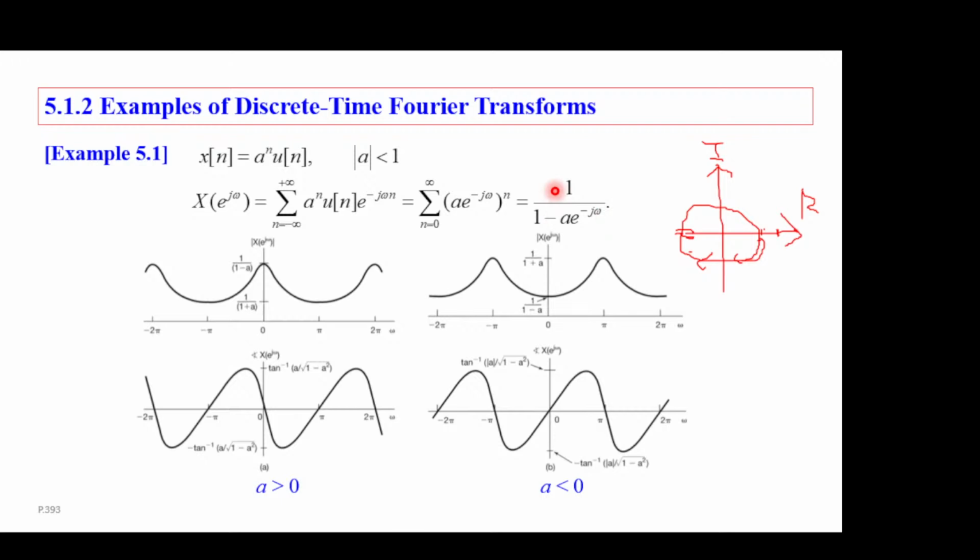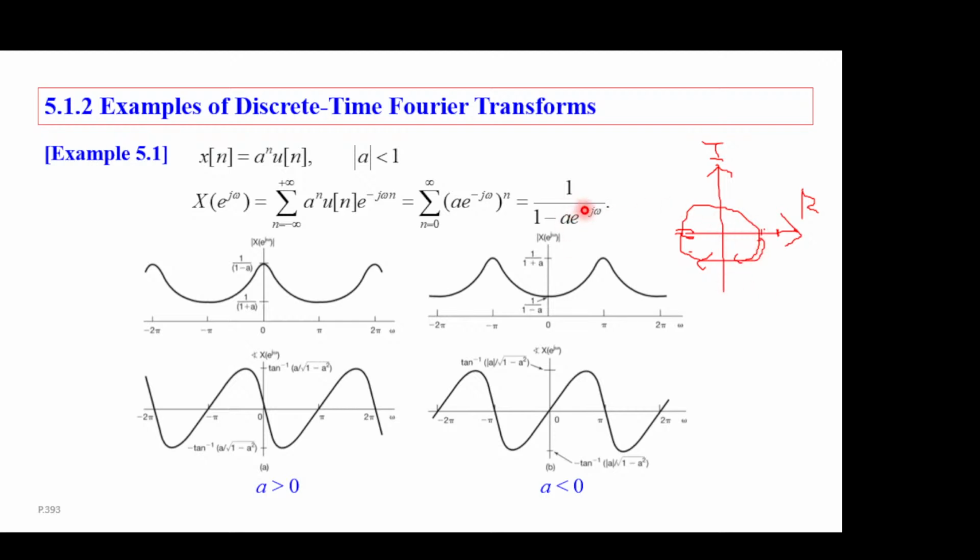So what's a times e to the minus j omega? You think about this value. This is a times e to the minus j omega in the complex plane, so there are real and imaginary parts. And if a is real and positive, when omega is 0, you have a somewhere on the real line, right?